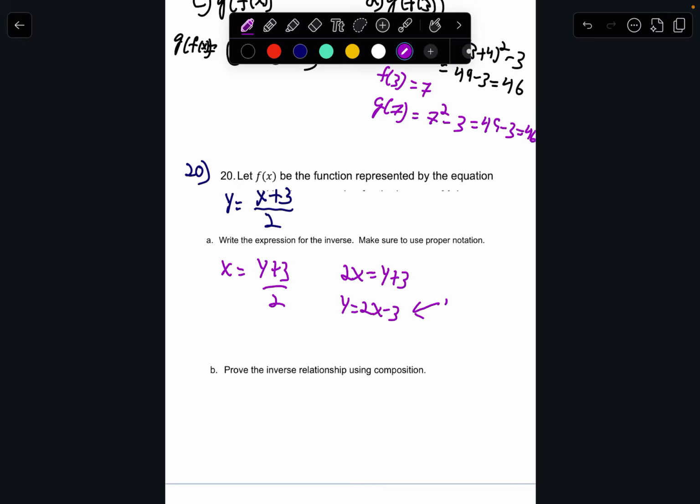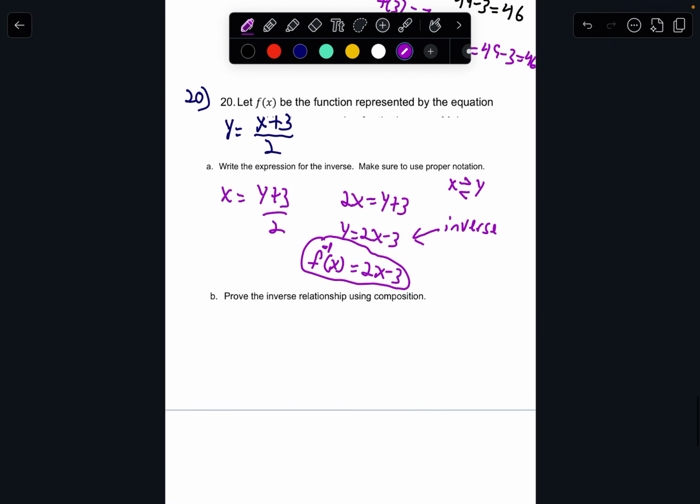This is the inverse. Again, to find inverses, we switch x and y and solve for y. So in notation, this would be f of x, but we'll put a little negative 1 on it. That means f inverse of x is simply 2x minus 3.